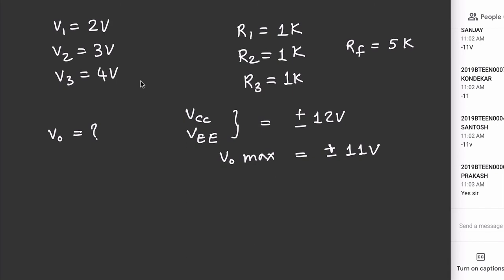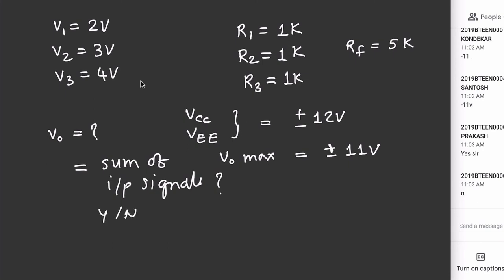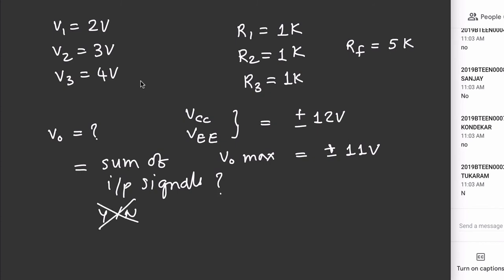Under this condition, will VO be sum of input signals? Yes or no? No, it won't be there, right? It means the circuit will not work as adder. Why? Because the output is saturated.